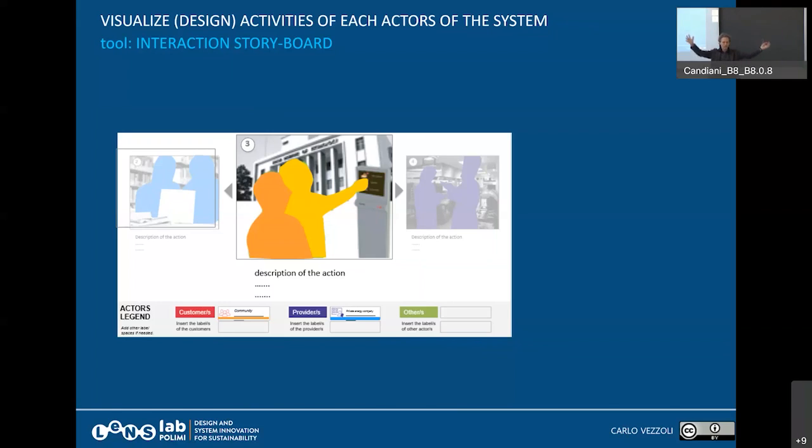Interaction table is a complex tool. It's more complex because it could be a wide tool into which you see different lines of actors. This could be good in a strategic conversation with different stakeholders. But if you want to present very shortly, in a more narrative way, how your concept is, if you present an interaction table, the people may get crazy, they don't understand. So it may be too complex, okay?